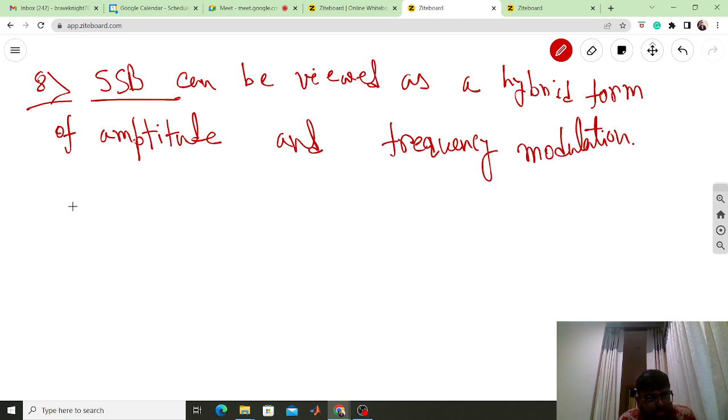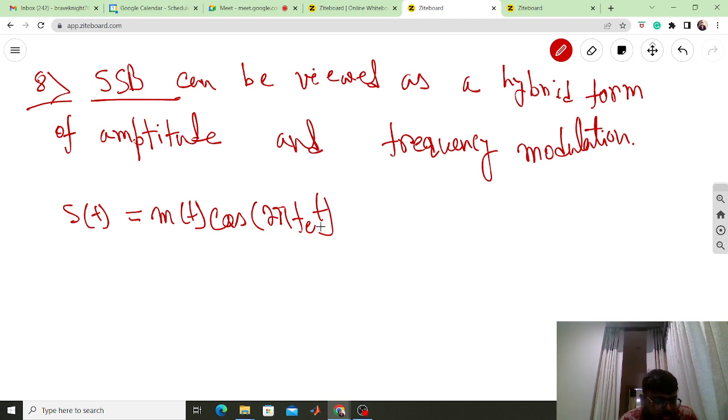So why? Because this ST can be thought of as MT cos 2 pi FCT plus minus the Hilbert transform of MT into sine of 2 pi FCT.